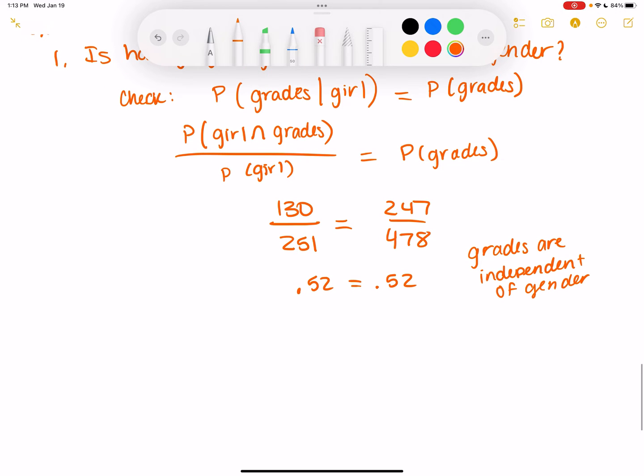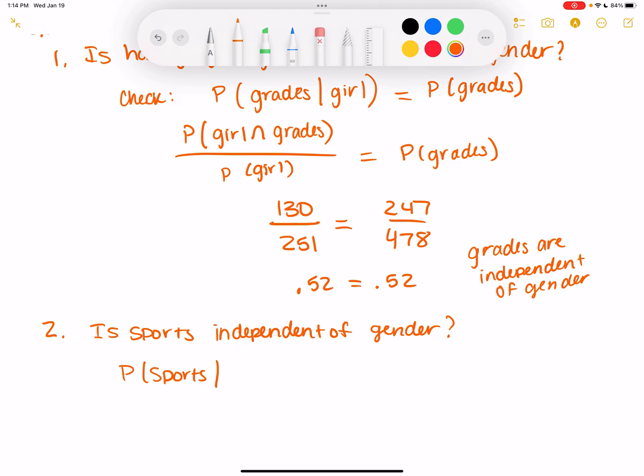So then another example of this is sports, independent of gender. This time we'll do the probability of sports given that it's a boy is equal to the probability of sports.